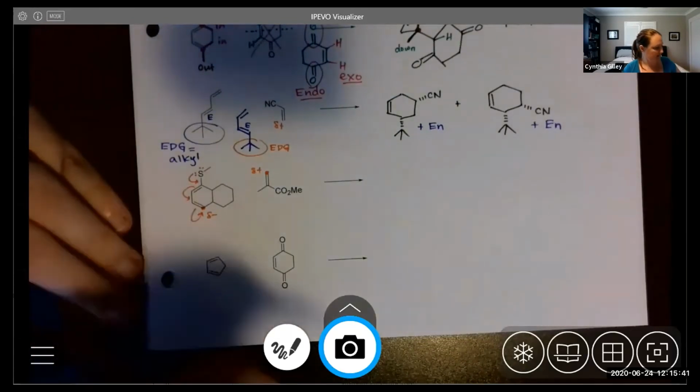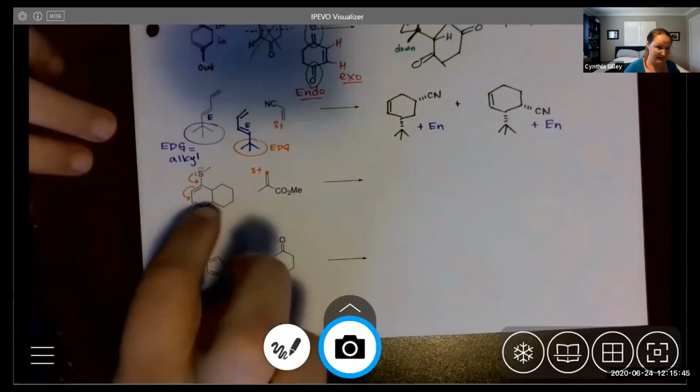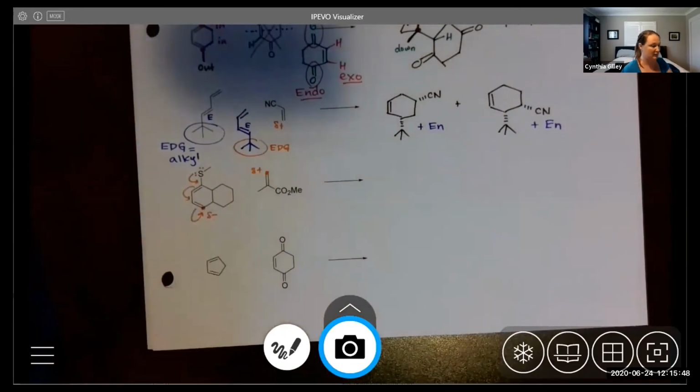And in addition, we also have to draw a bicyclic product because of the fact that this is part of a ring.